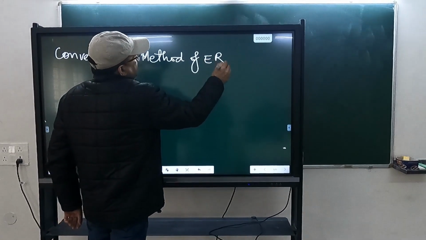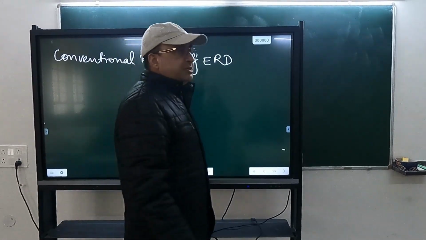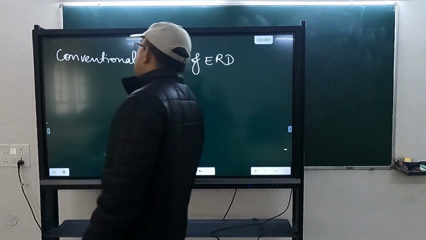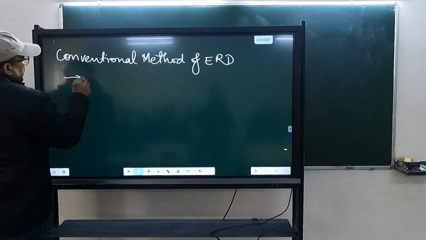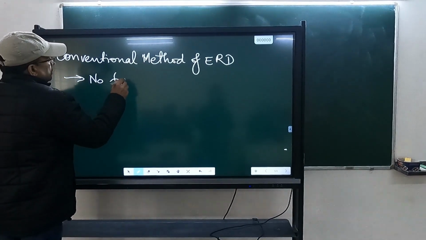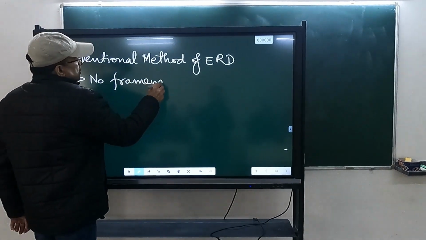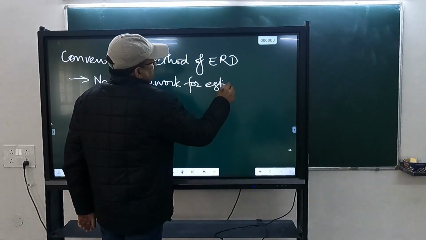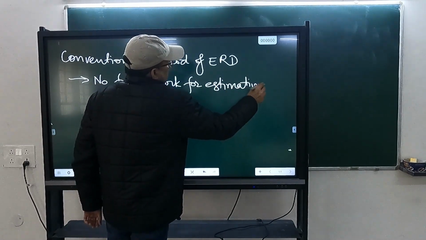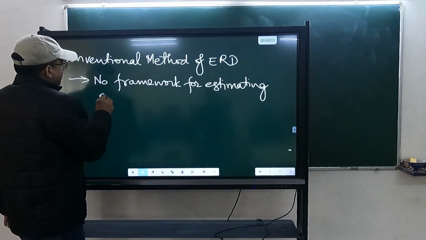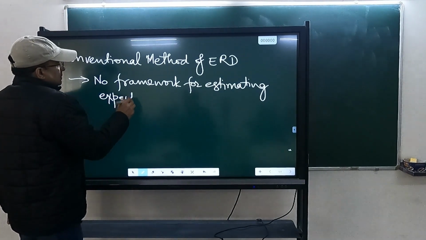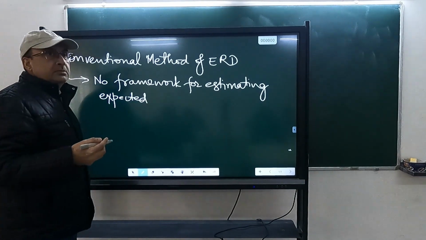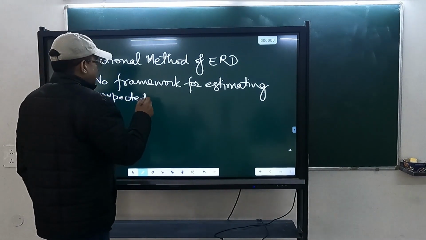This conventional method of architectural system design, which you have studied so far, has a severe limitation that it does not give any framework for estimating expected performance. After this design, what you should expect from your structure.